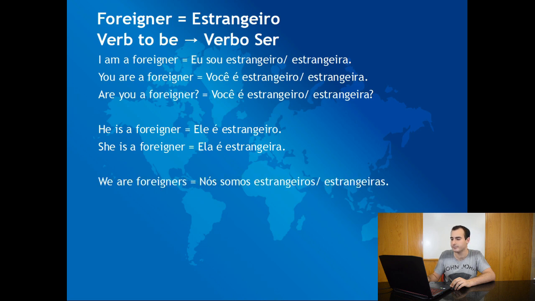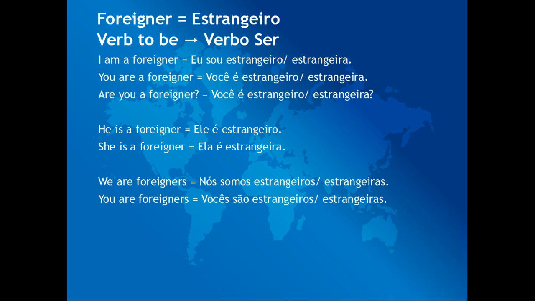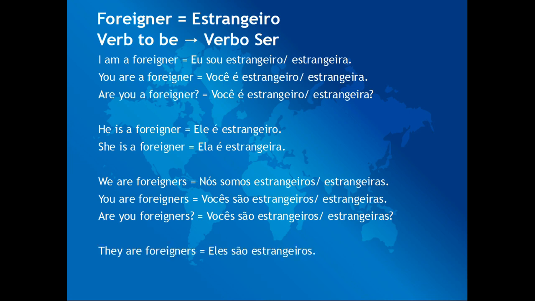Ela é estrangeira. We are foreigners. Nós somos estrangeiros. Nós somos estrangeiras. You are foreigners. Vocês são estrangeiros. Vocês são estrangeiras. Are you foreigners? Vocês são estrangeiros? Vocês são estrangeiras? They are foreigners. Eles são estrangeiros. Elas são estrangeiras.